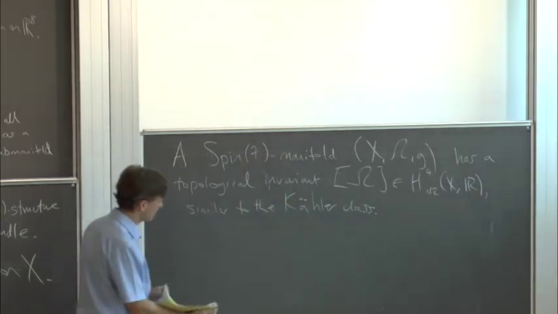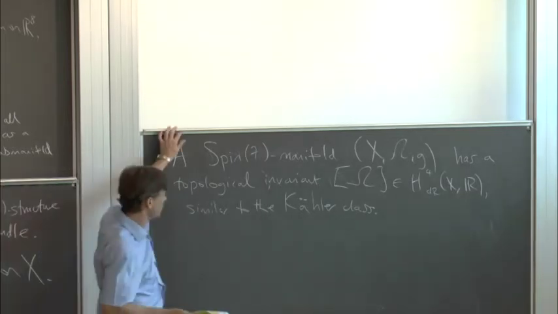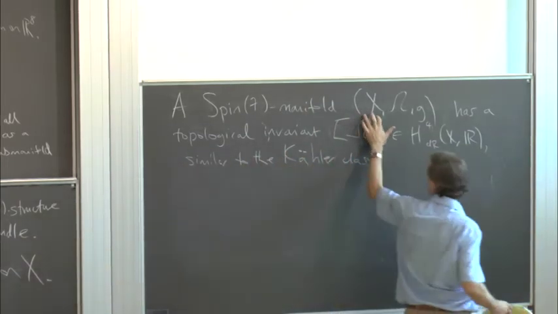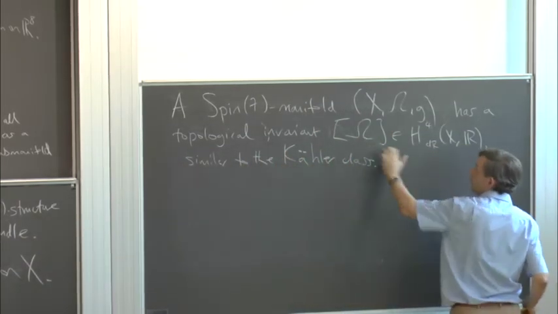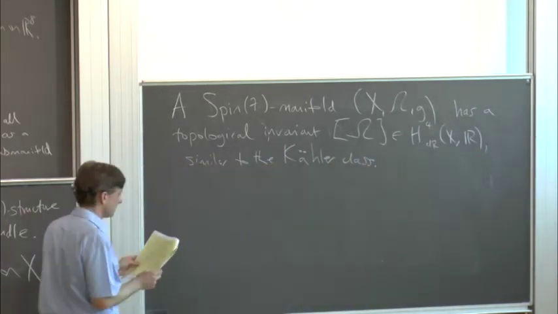So that might be natural. If you're trying to describe some spin 7 manifold, then maybe one of the first things you'd do is find out what that 4-cohomology class is.